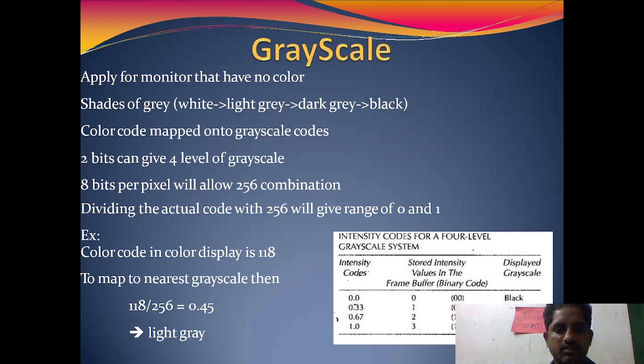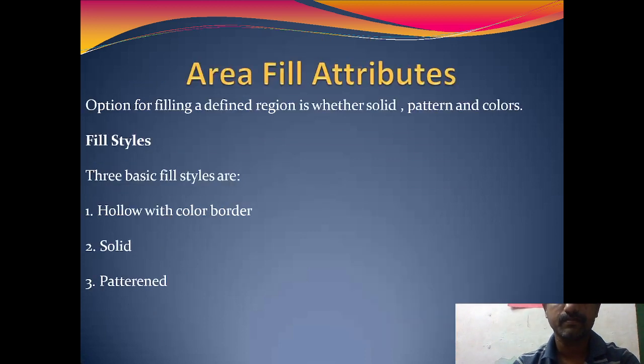A color code of 118 is mapped to the nearest grayscale, then 118 by 256 is about 0.45. The light gray pen will be assigned to the light gray. See, intensity code 0 is black, 0.33 dark gray, 0.67 light gray, 1.0 white. Based upon that, we assign the grayscale colors to each and every line, picture, image, whatever it may be.